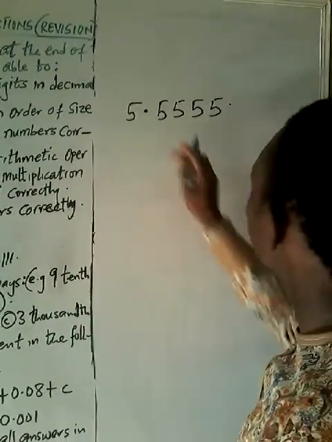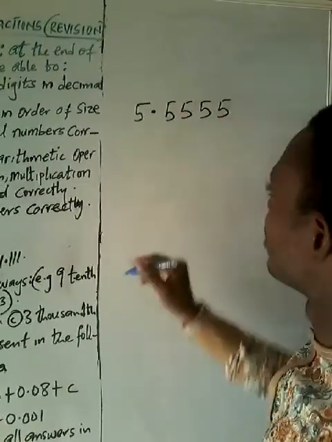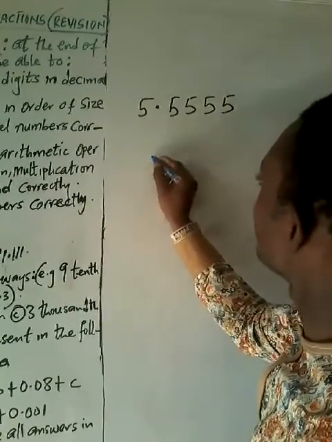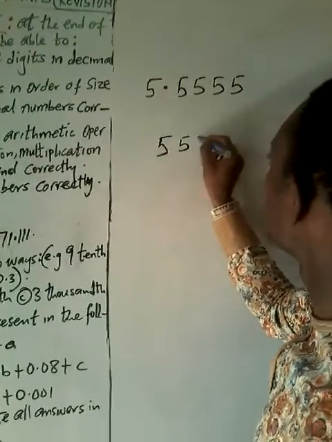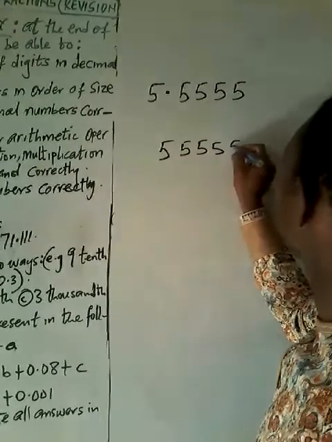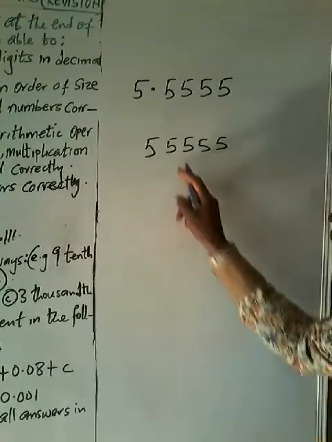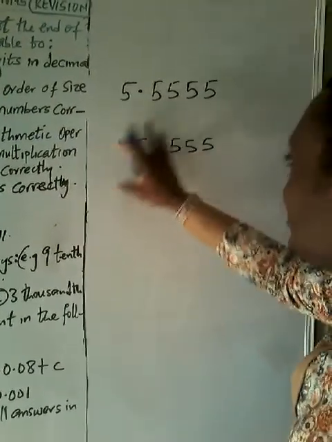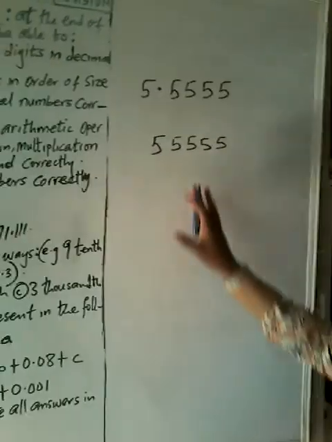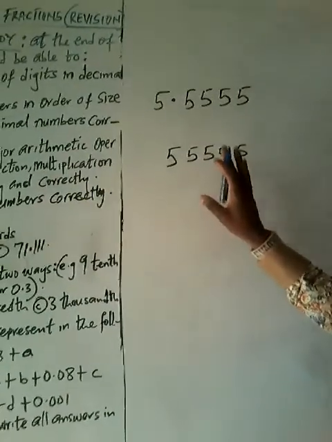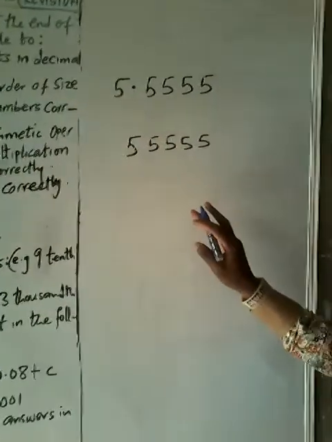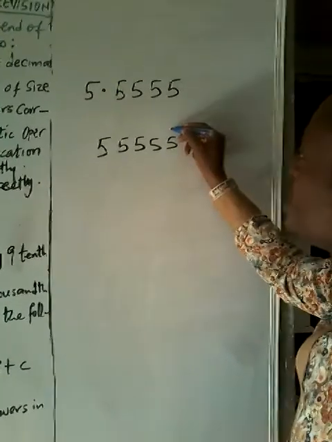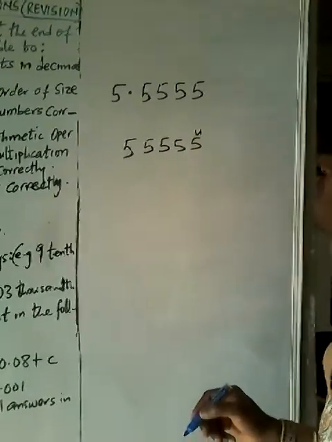Now, if this number was not decimal, let's say I remove this point, it becomes 55555. If you want to appoint place values to these, normally you start from units. The last number is in the unit place.